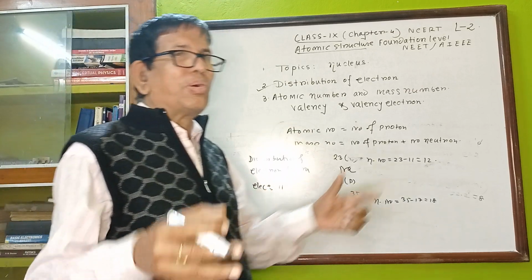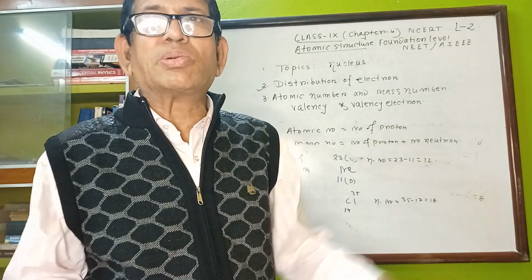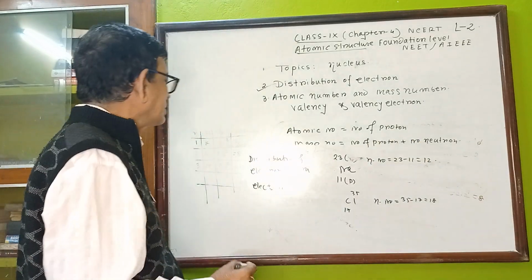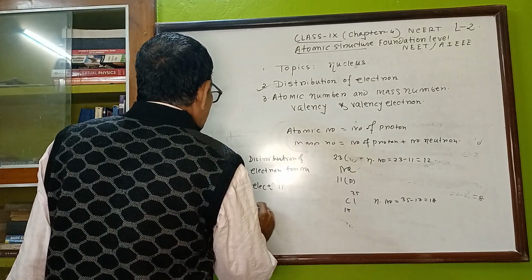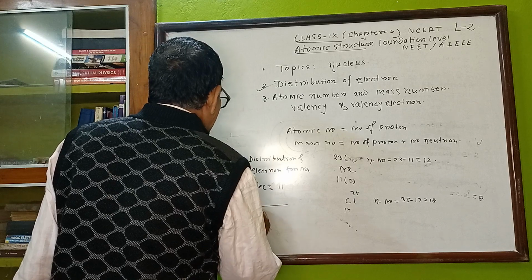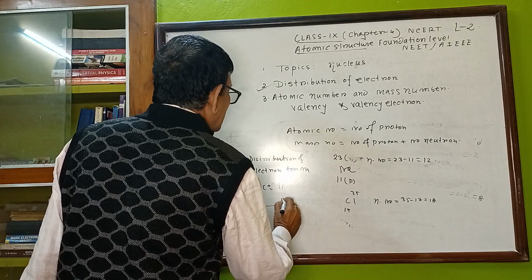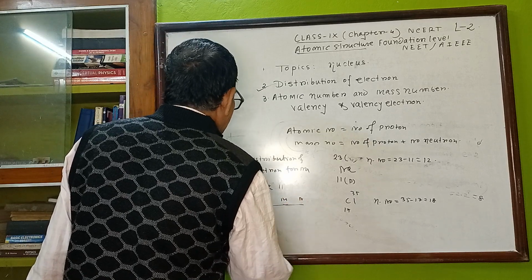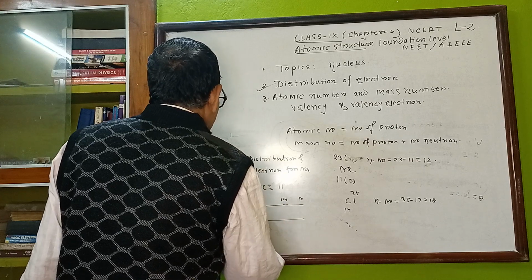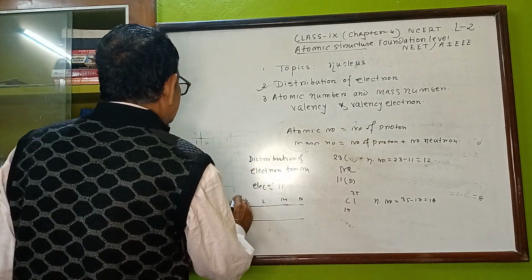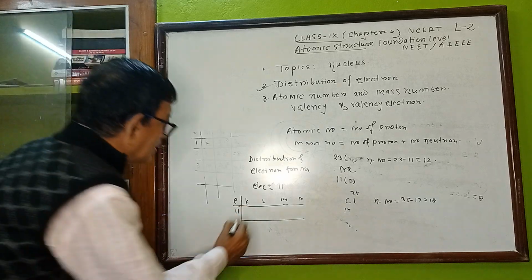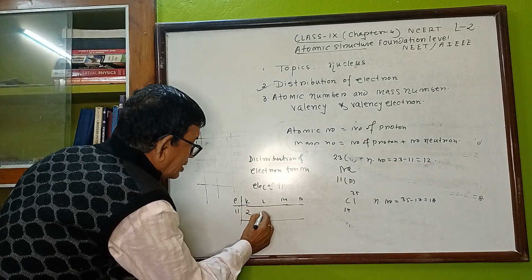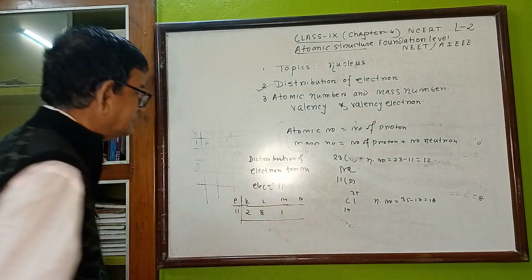Don't think all electrons are rotating in a single orbit. Again I am telling you, they are distributed like this: K orbit, L orbit, M orbit, N orbit. For sodium you distribute the total 11 electrons. How? In the K orbit you write down 2, then 8 and the last orbit 1.